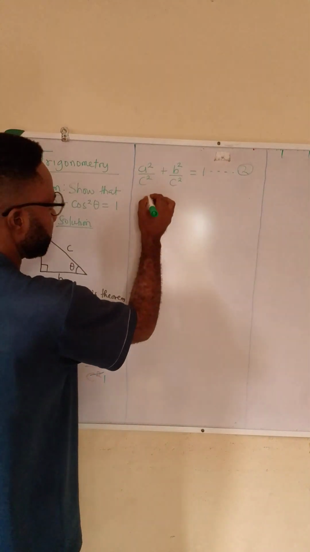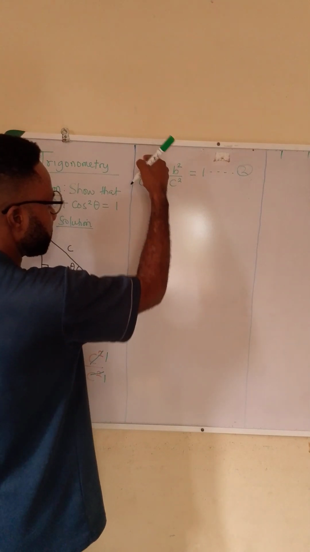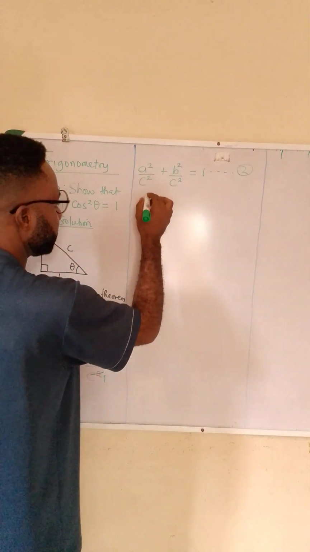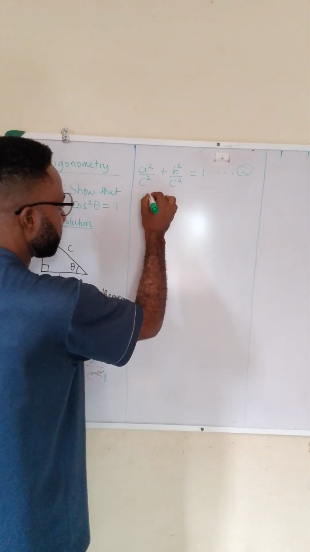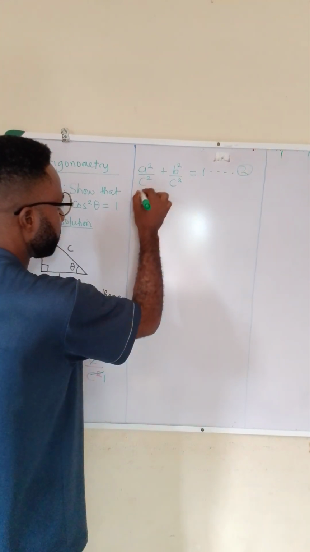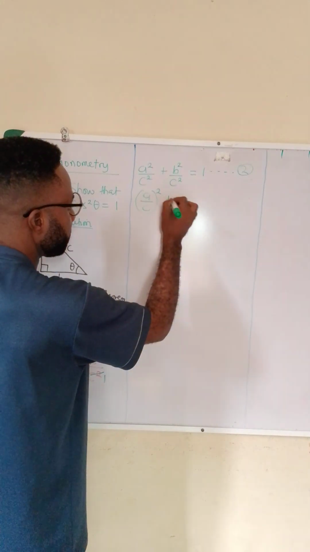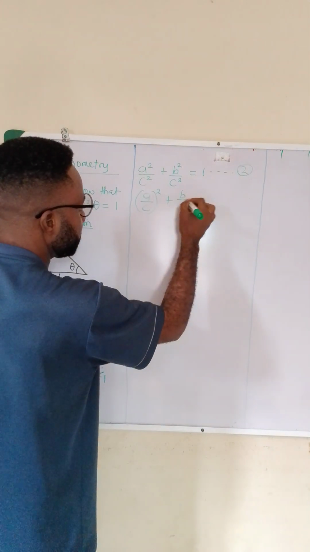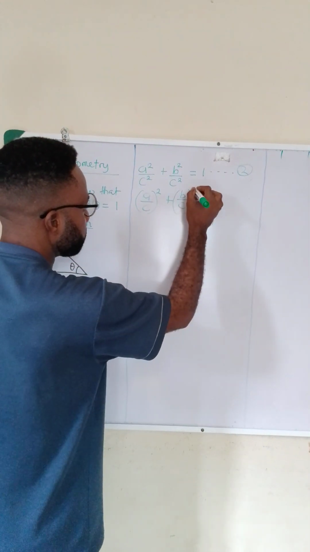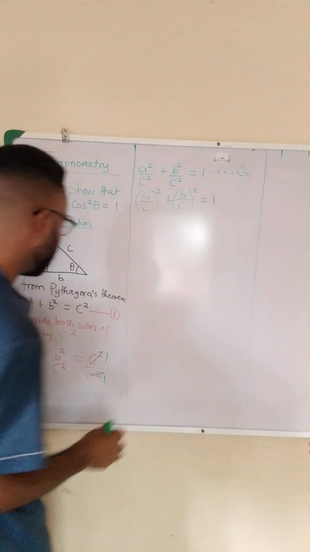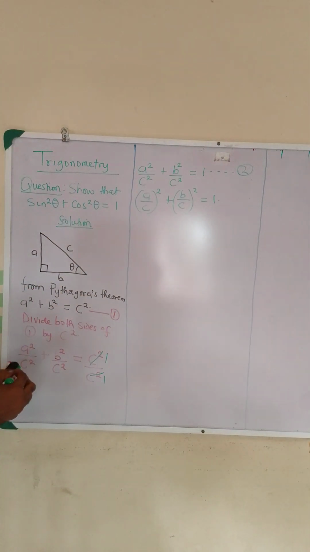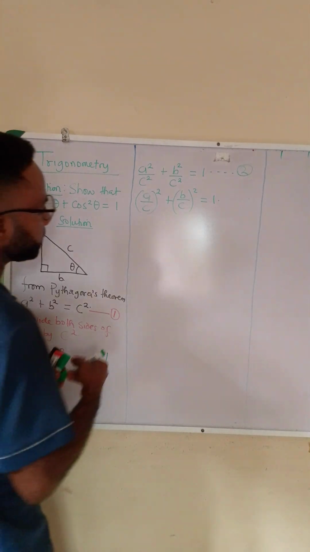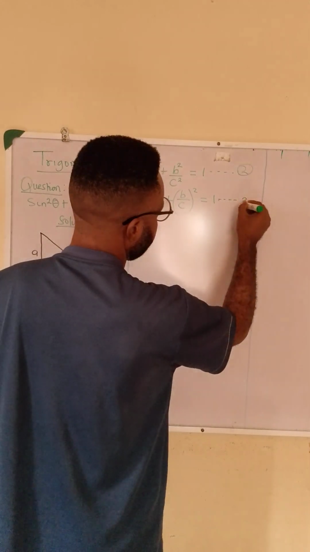Since this is square, this is square, this is square, we can do it this way: A over C all squared, plus B over C all squared, equal to 1. Let's call this equation 3.